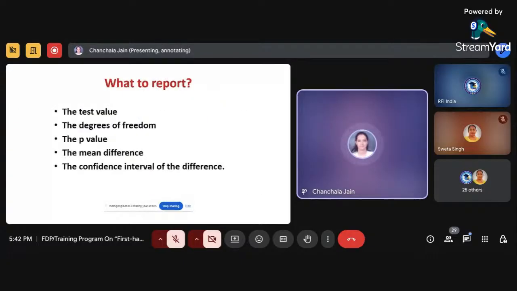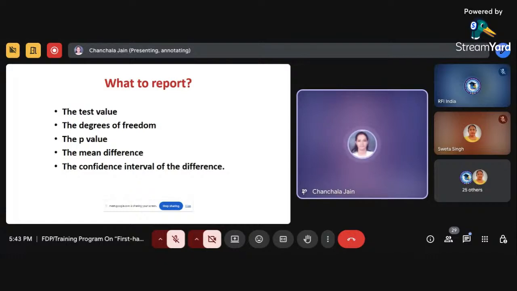Now we have been discussing hypothesis testing for the last 2 days, right? When we apply different tests using different softwares, we are getting so many different outputs, right? But what exactly we need to report? We need to report the test value.